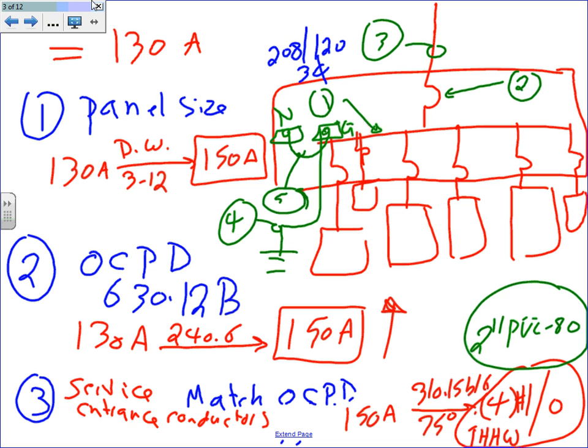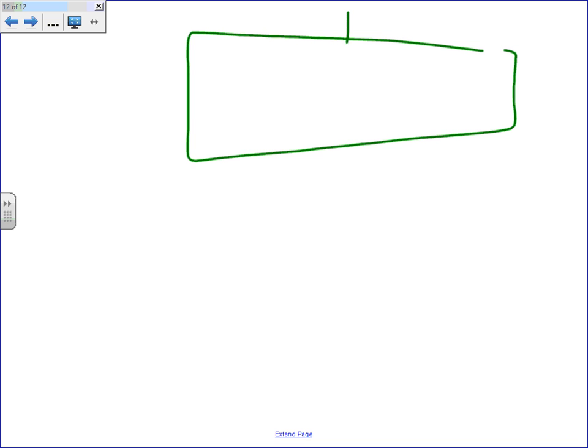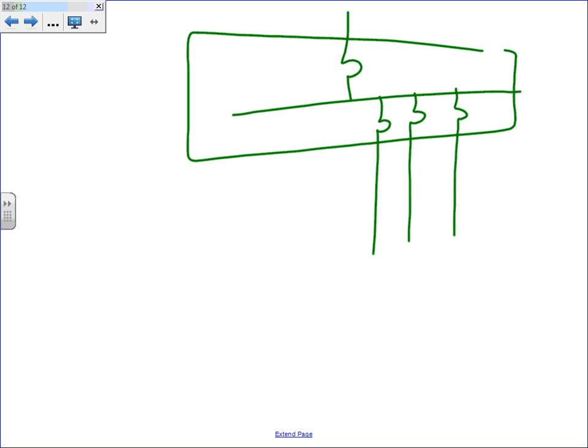I'm going to remind you, there's 130 amps here, and we came up with a 50 amp panel. So take this one all the way to here. Now I have my panel. I don't know what the size is, but I know one thing: I have multiple welders coming out of this panel. 1, 2, 3, 4, 5, 6.